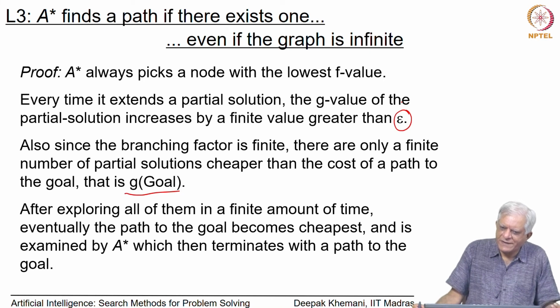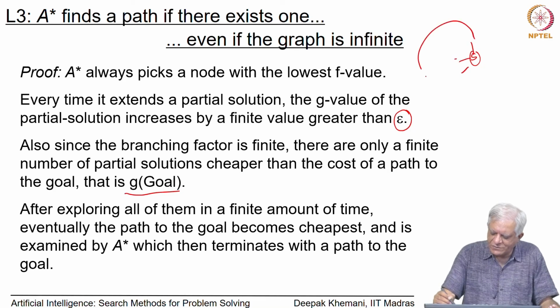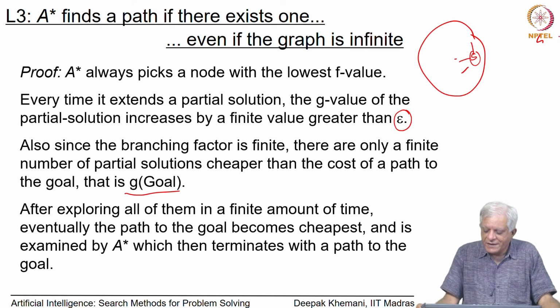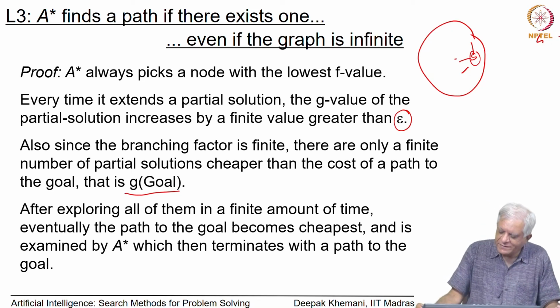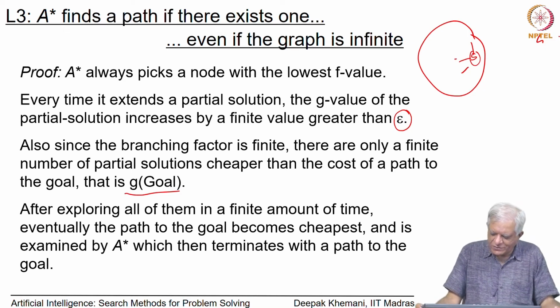So, if you remember the example that we gave of branch and bound and Dijkstra's going off into the wrong direction, we had a start node here and then we had many nodes here and there was a whole region that it explored before it moved towards the goal node, which would happen if the heuristic function was bad essentially. Even if the heuristic function was bad, it would explore all paths whose actual cost, and this is what branch and bound does, are less than the cost of the goal node G.